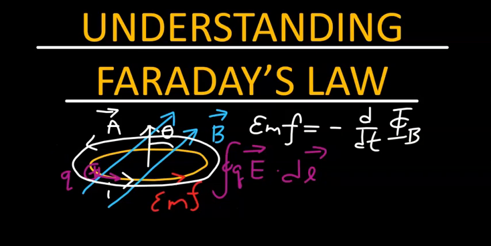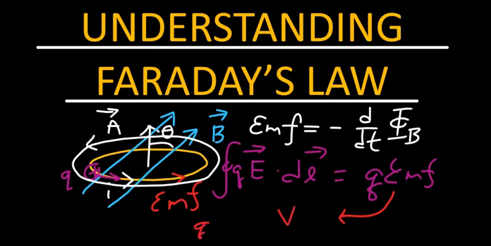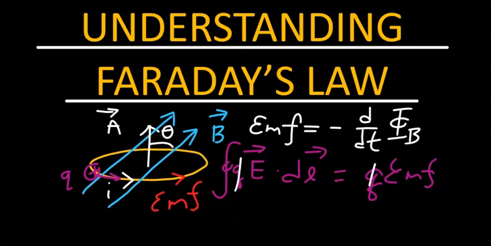And this work done can be related to the potential energy given by Q times EMF. After all, EMF is some kind of voltage, so Q, the charge in coulombs, times voltage, is the potential energy of this charge. So the Q goes away, and we can rewrite the above in the following manner.